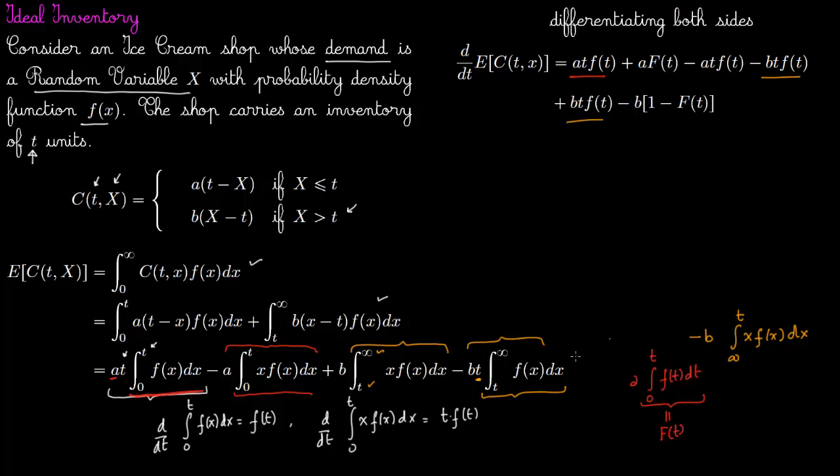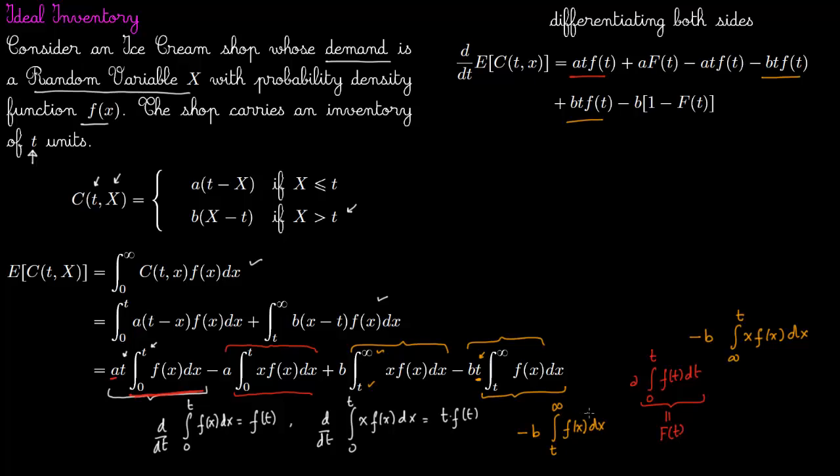And for the second part we have differentiated this part. Now we differentiate t. So you get minus b times the integral from t to infinity, and this is f of x dx.